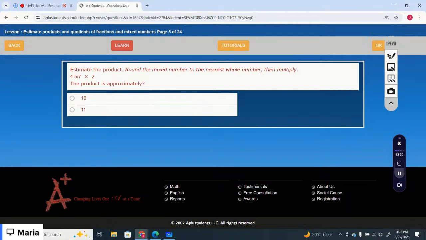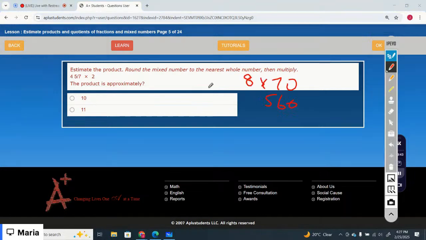4 whole 5 by 7 times 2. Okay, so 5 by 7 is more than half. So it would be rounded off to 5, and 5 times 2 is 10. The correct option is 10.